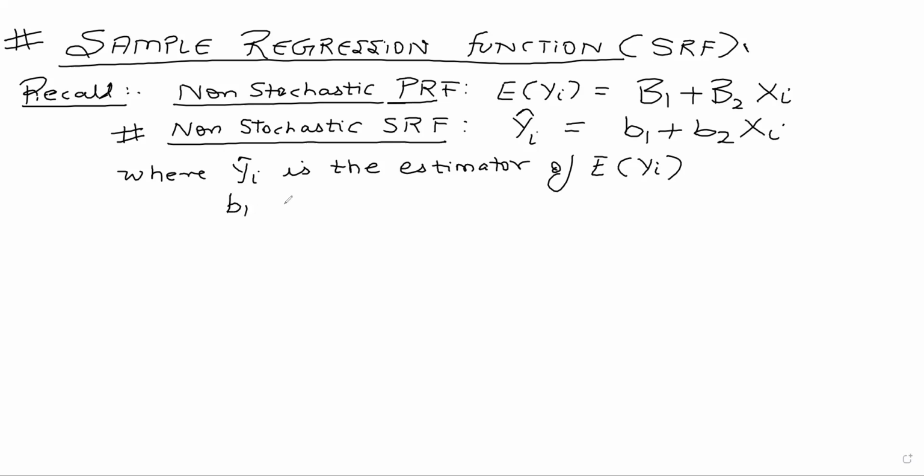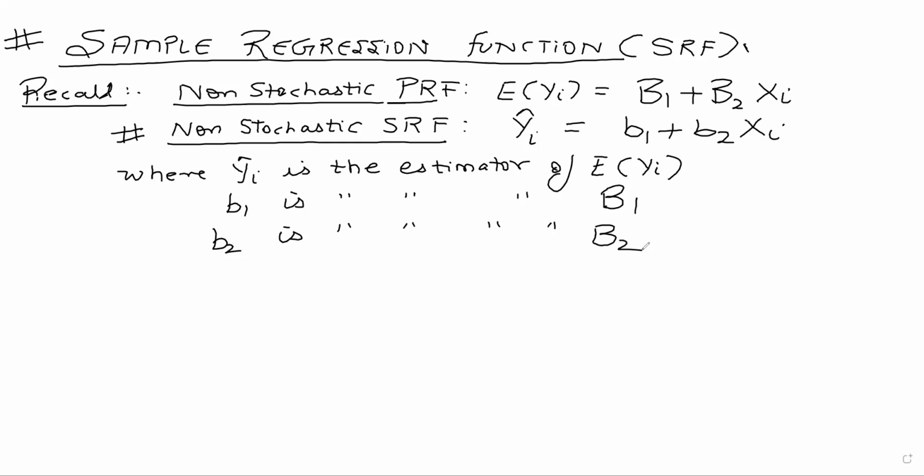Small b1 is the estimator of the population intercept coefficient capital B1. Small b2 is the estimator of the population slope coefficient capital B2.